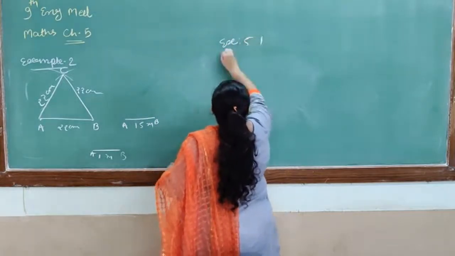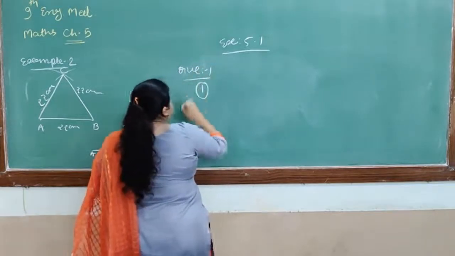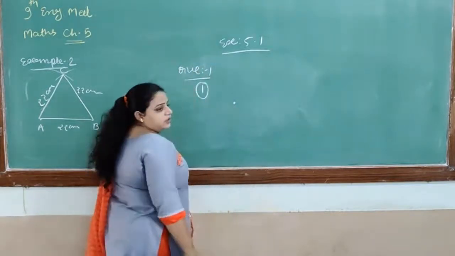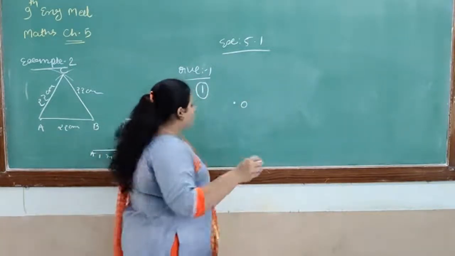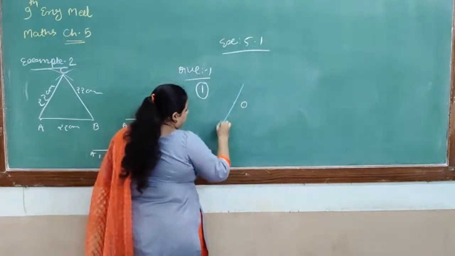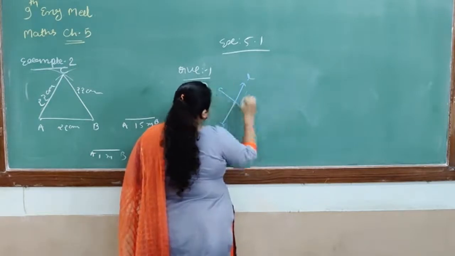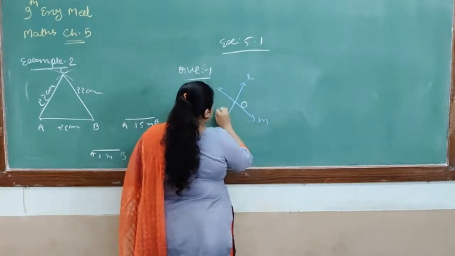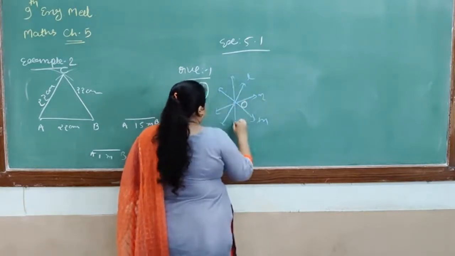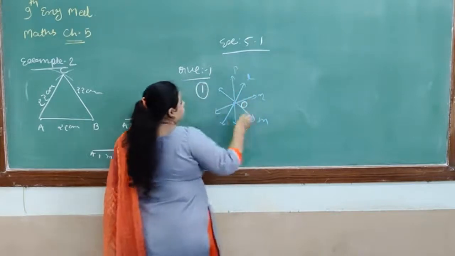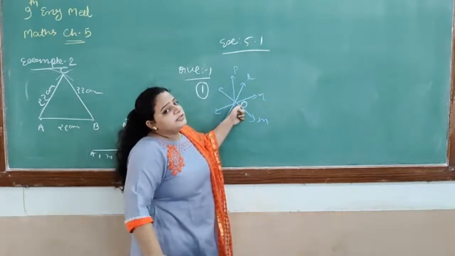Exercise 5.1. Question number 1, sub question. A single point is there. Name is O. So they are saying only one line can pass over one point. One line, name is L. Another line M. Third line N. Fourth P. So here it is wrong, because from the one point infinite lines can pass.